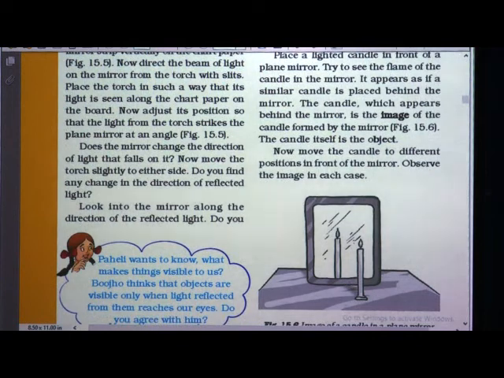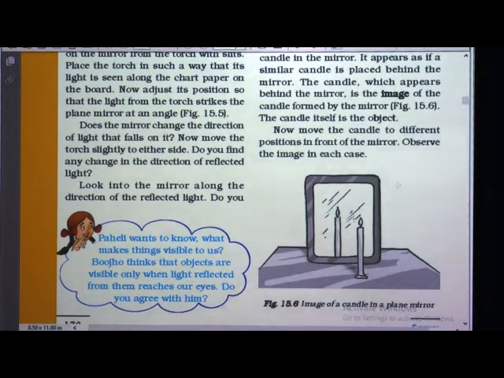In this picture you can see this is a plane mirror, and when you place a candle in front of it, you have to observe. The candle which appears behind the mirror is the image. On the screen behind this mirror you can see the image of this candle which is placed in front of the mirror.